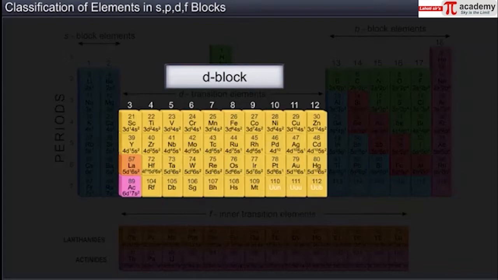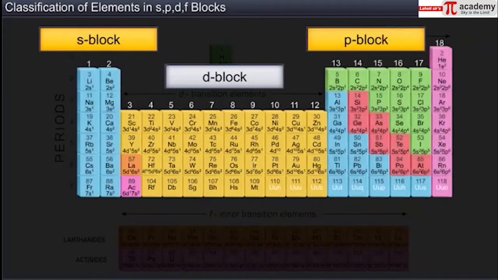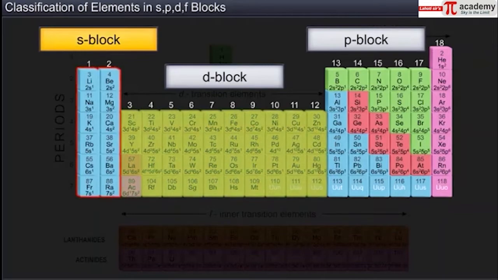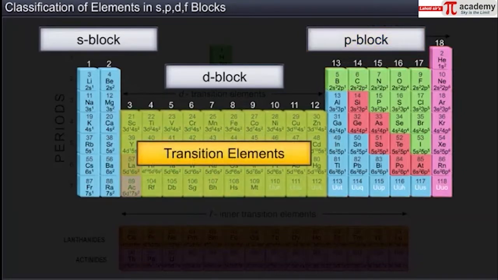The d block elements are placed between the s and p block elements. They exhibit the transitional or intermediate behavior between the more active metals in S block and less active elements in the P block, and are hence called transition elements.